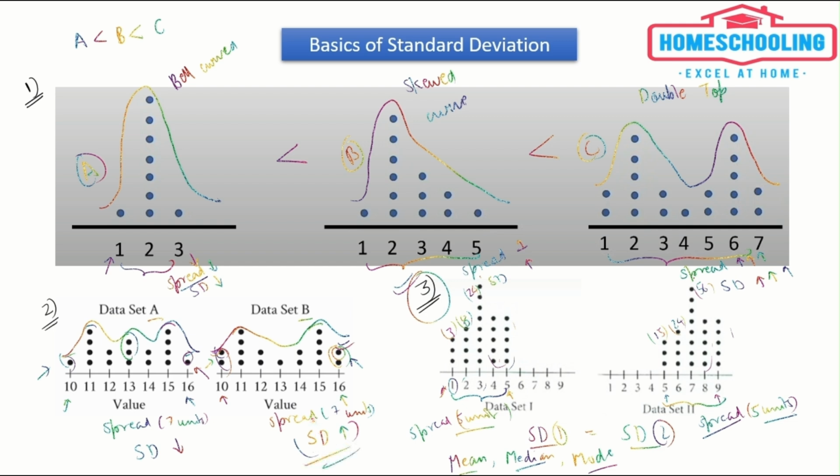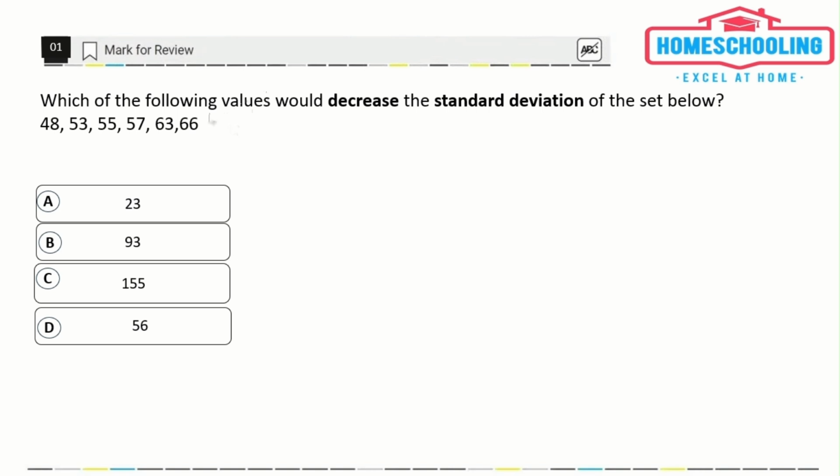Now let's move on to the questions. Question number 1 says: which of the following would decrease the standard deviation of the set below. So we have a set with 6 data points, and we have to find which among these 4 values would decrease the standard deviation. As we know, there is a relation between spread and standard deviation.